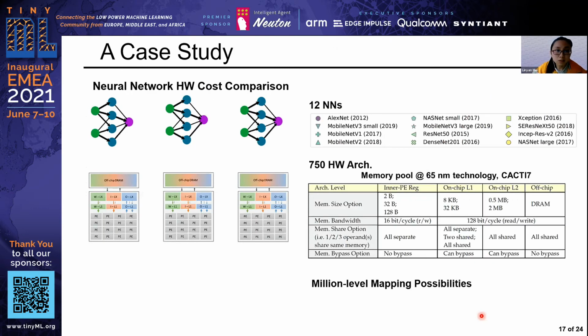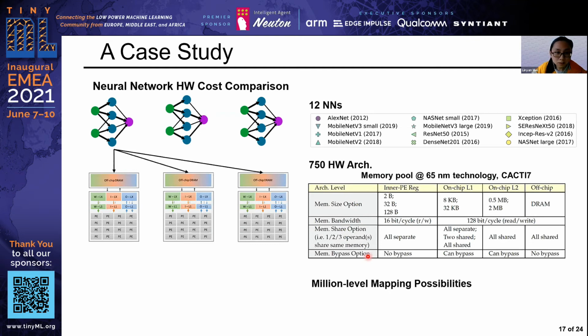And then I will show you briefly a case study. In this case study, we want to compare how hardware-friendly different neural networks are. Here we selected 12 different neural networks, and in order to make a fair comparison, we also generated 750 different hardware architectures based on the memory pool that we extracted.